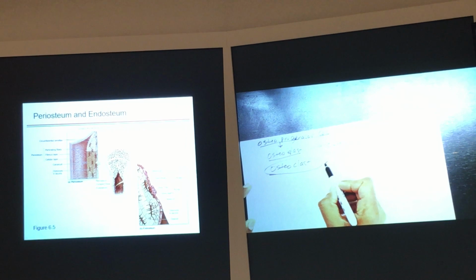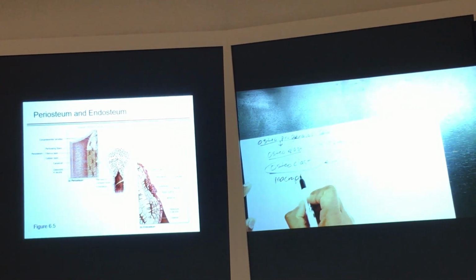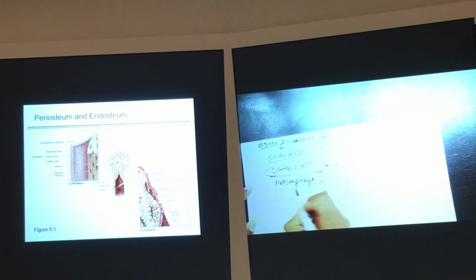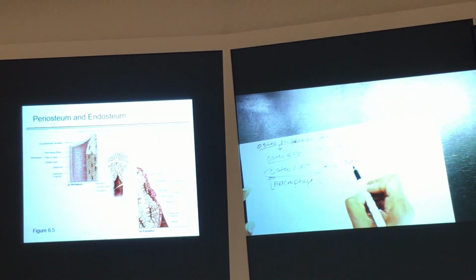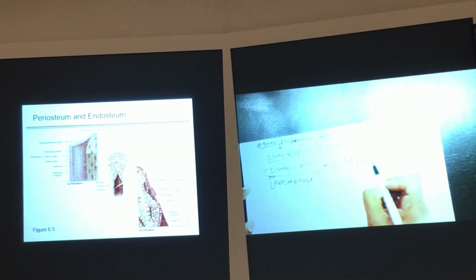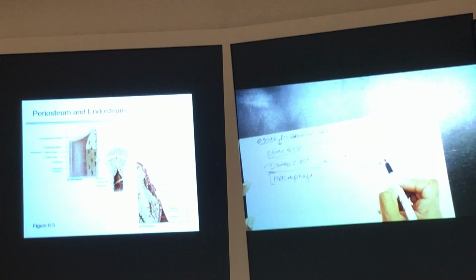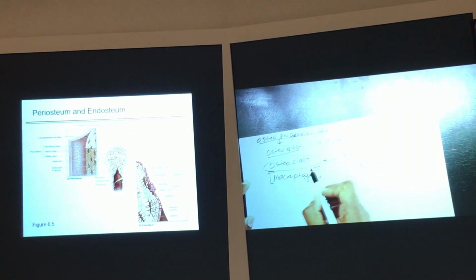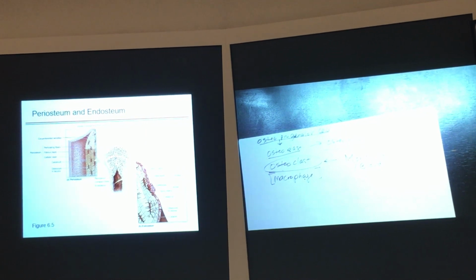What gives this? Basically, this is the macrophage. Where does the macrophage come from? Monocyte, which is in the blood. So the monocyte becomes macrophage, but in the bone, it's called osteoclast.